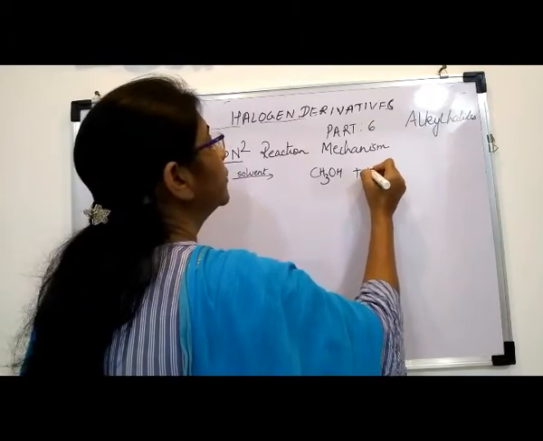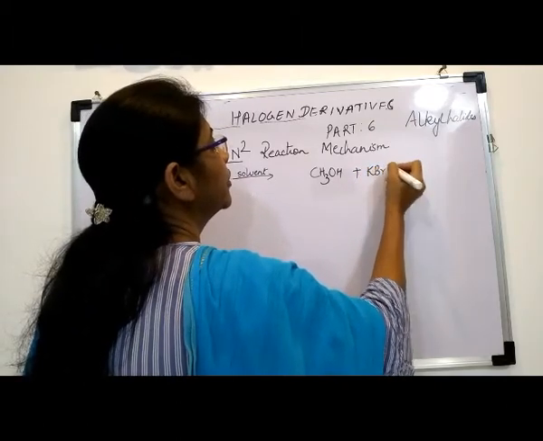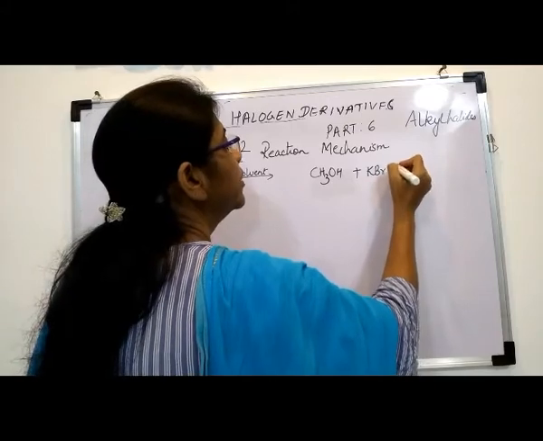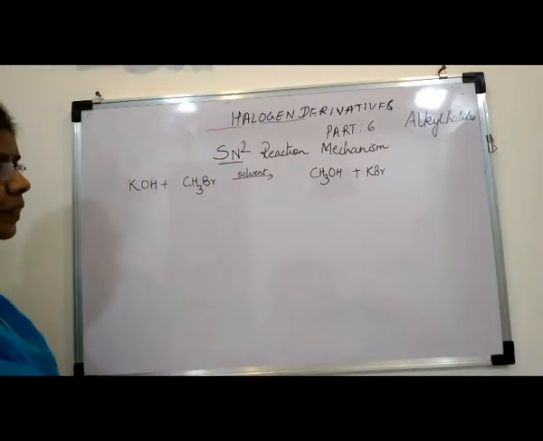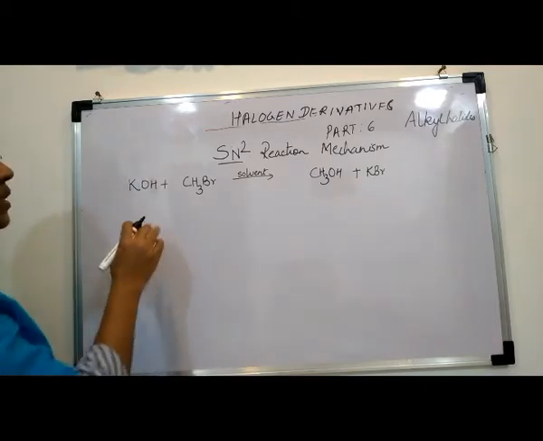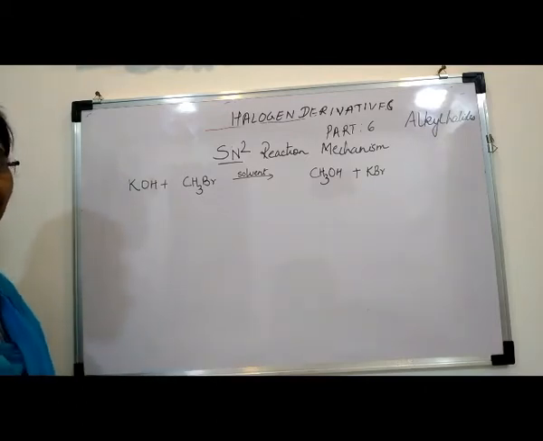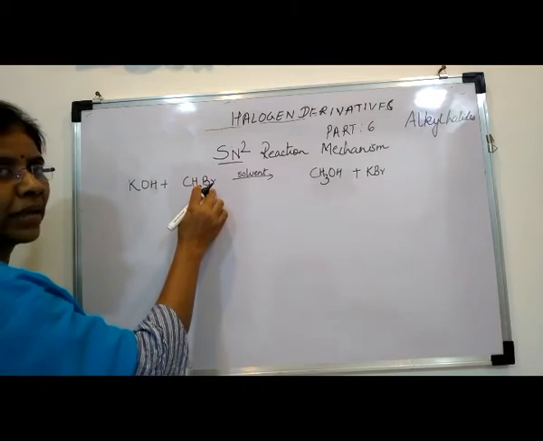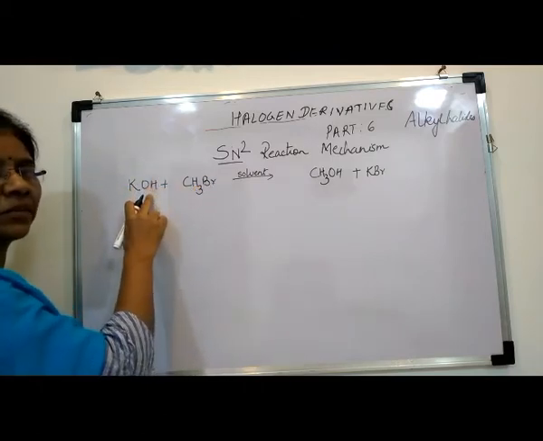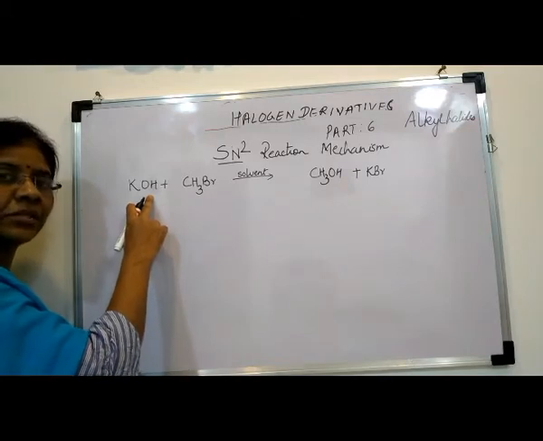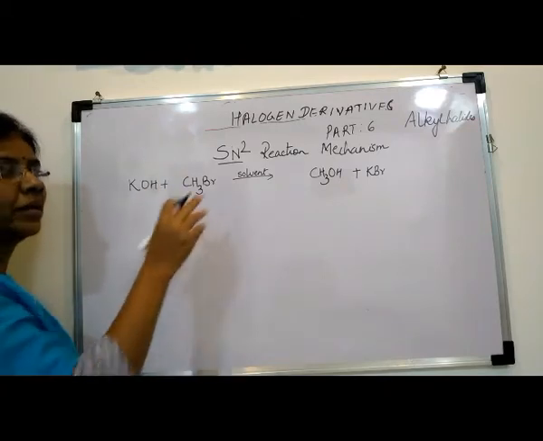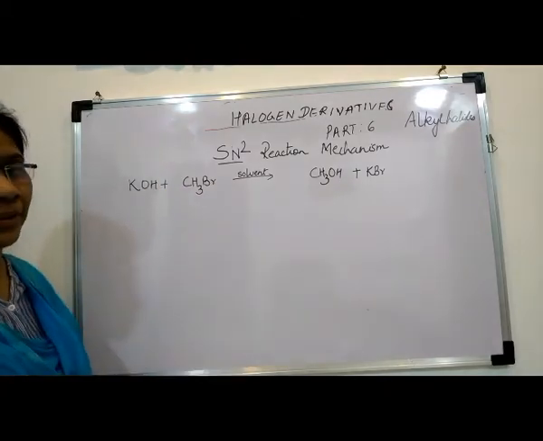You can call it KBr as the byproduct, or simply even if you say it is Br minus, it is just okay. So this is substitution nucleophilic reaction. One nucleophile being replaced for the other nucleophile. Correct? So substitution reaction by a nucleophile, so substitution nucleophilic.